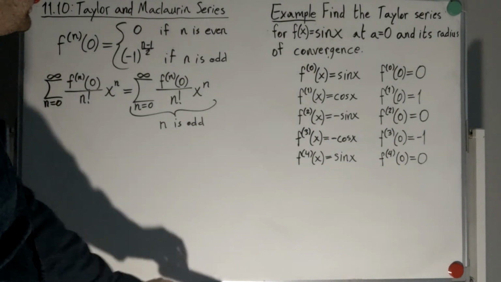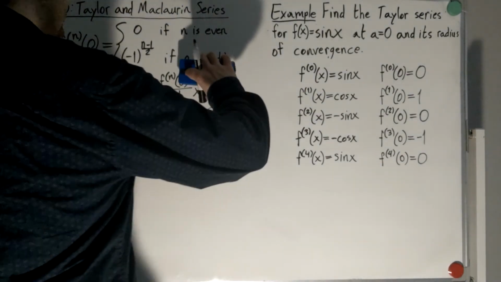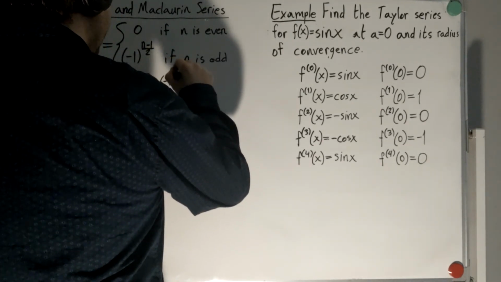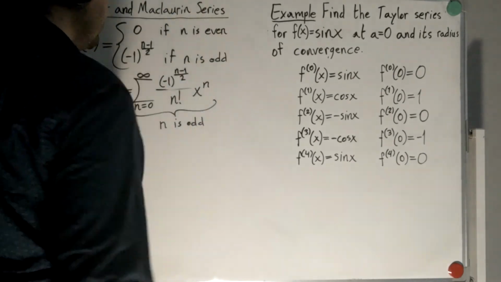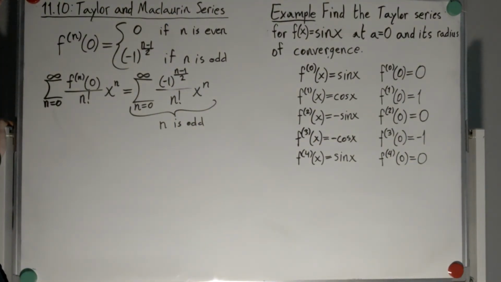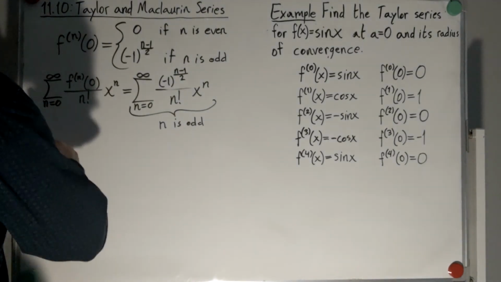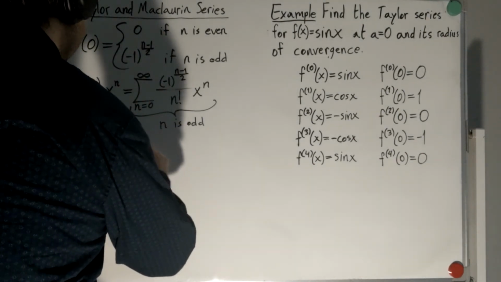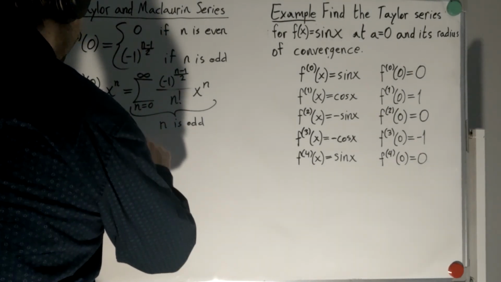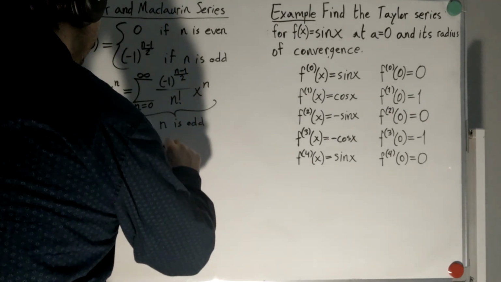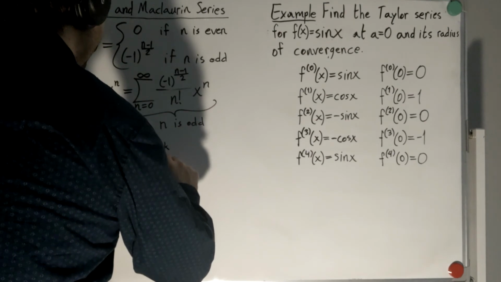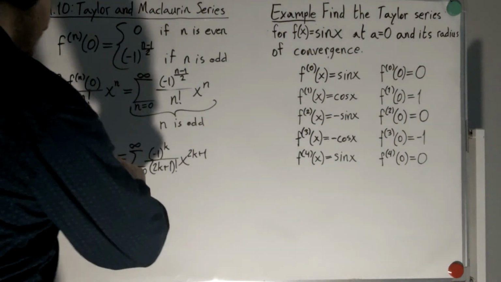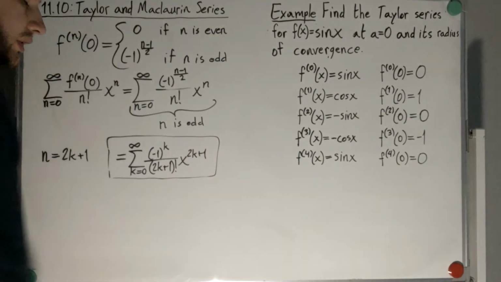And again, if n is odd, then this is just negative 1 to the n minus 1 over 2, so let's just replace that. And then once again, as long as you declare that n equals 2k plus 1, this can be rewritten as the sum from k equals 0 to infinity of negative 1 to the k divided by 2k plus 1 factorial, x to the 2k plus 1. And that is our power series representation for sine x.